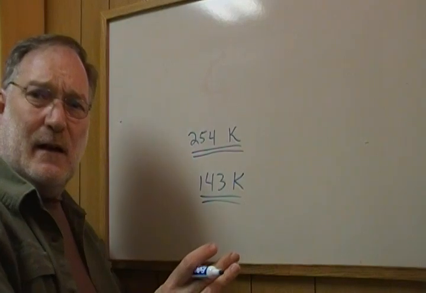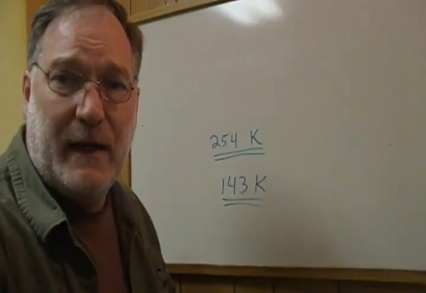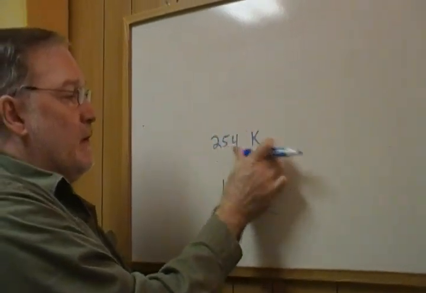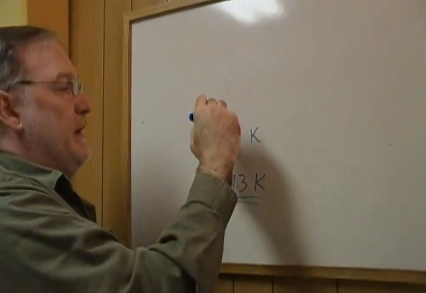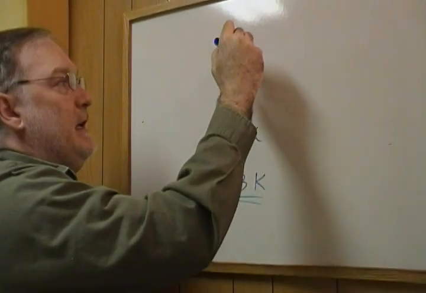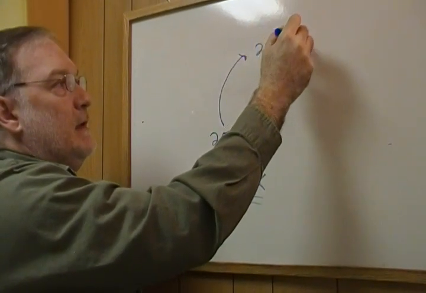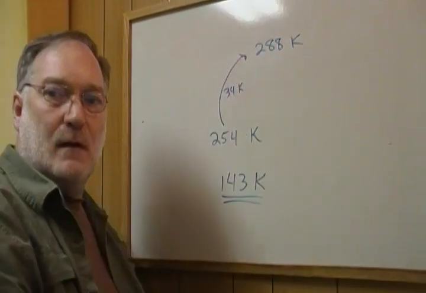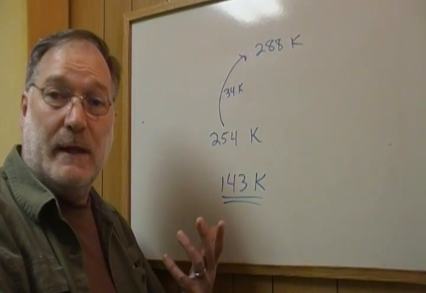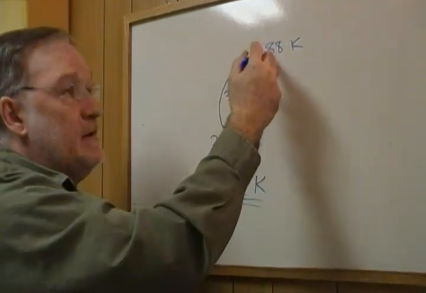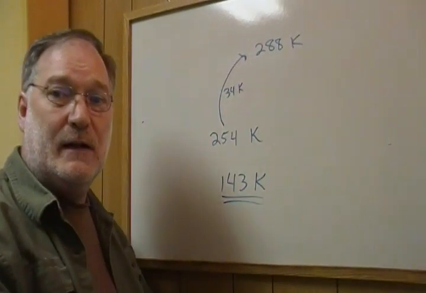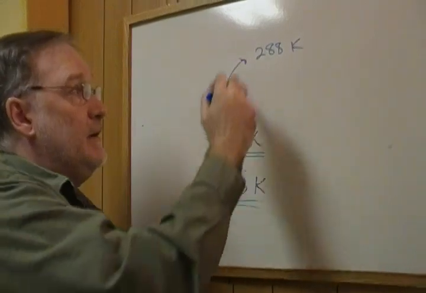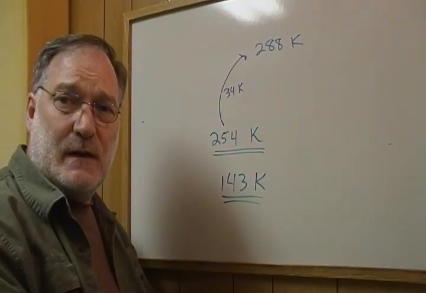So what does that tell us about global warming or the greenhouse effect? What that tells us about the greenhouse effect is this. We were thinking that the greenhouse effect raises the temperature from 254 to 288 Kelvin, so that there is 34 degrees Kelvin of greenhouse gas warming, or of global warming so far, to go from the black body temperature as it's calculated up to the average surface temperature of Earth.